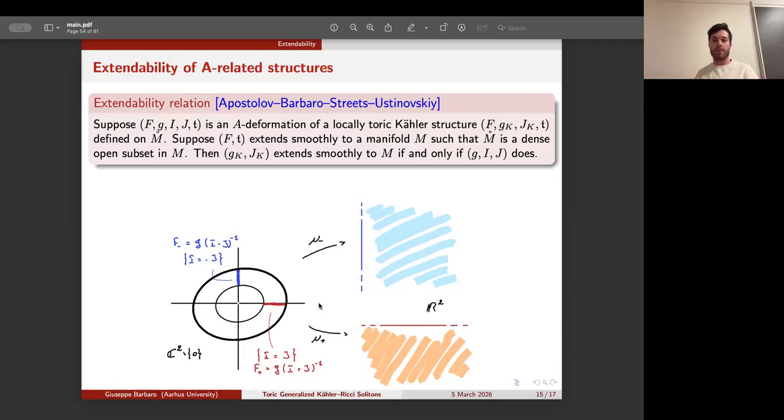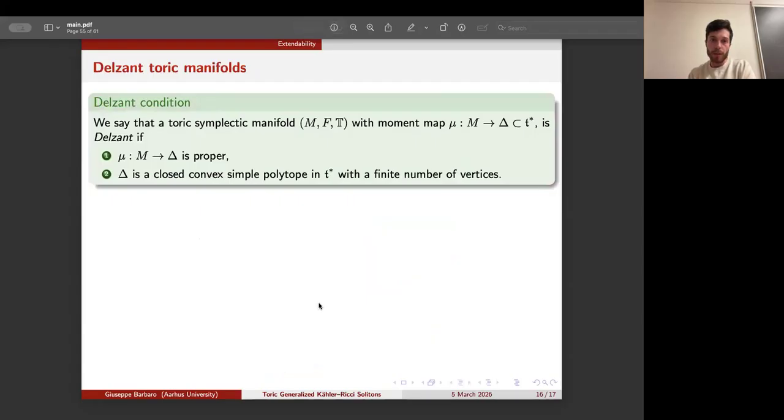So let's put ourselves in a setting where we understand very well how and when we can extend the Kähler structure. And this is when we have a Delzant polytope and the Delzant condition. So let me define this.